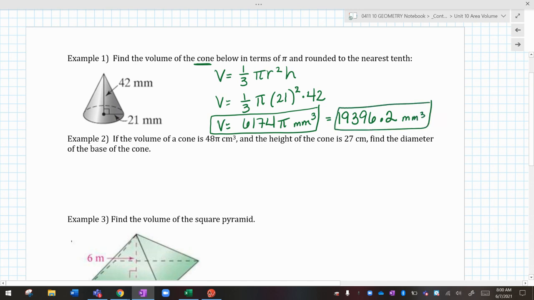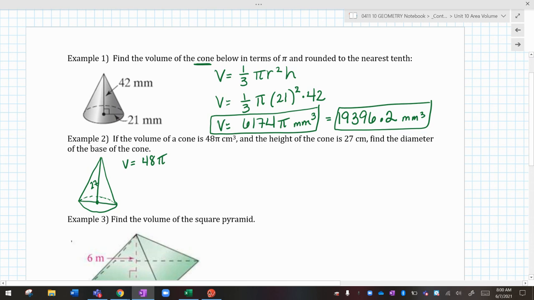Example 2, if the volume of a cone is 48 pi and the height of the cone is 27, find the diameter of the base of a cone. Well, let's just draw a cone, for fun. Here's my cone. I know that the volume is 48 pi. I know that the height is 27.